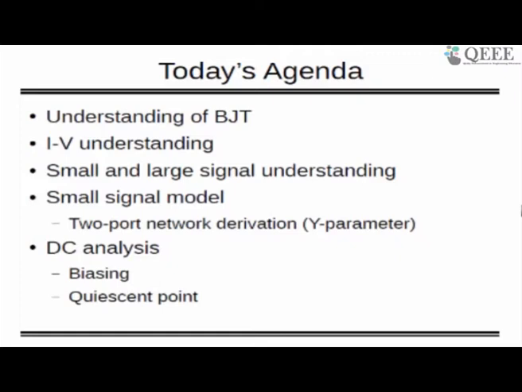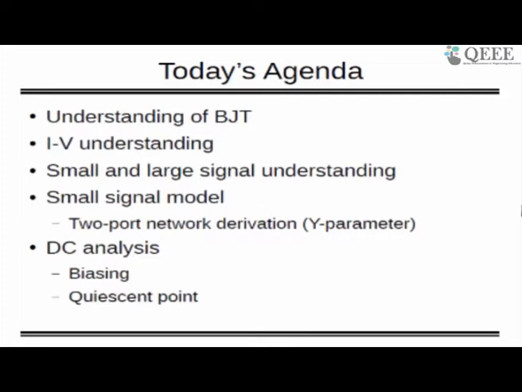And for that we are going to understand the current and voltage characteristic, how the shape looks, and in the ideal condition how it looks, and if there are some second order effects such as the early effect voltage. If there is early effect voltage, what kind of shape change happens and how it affects your performance. That is going to be covered in IV understanding.